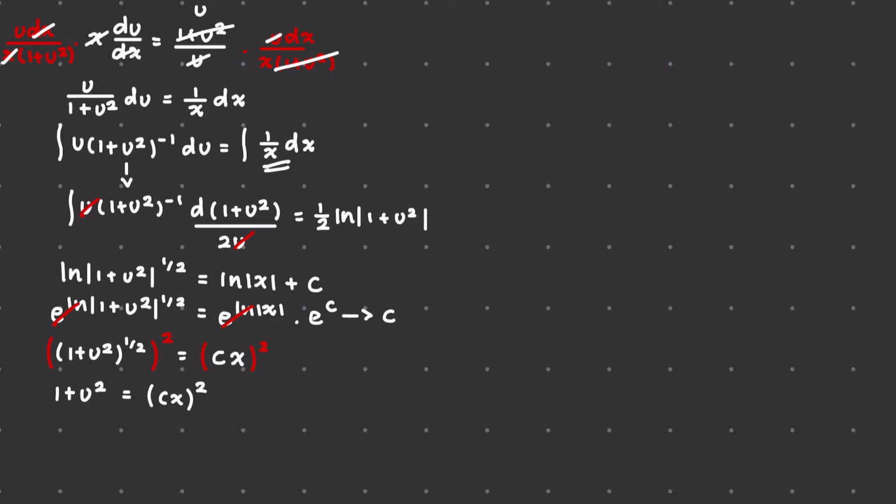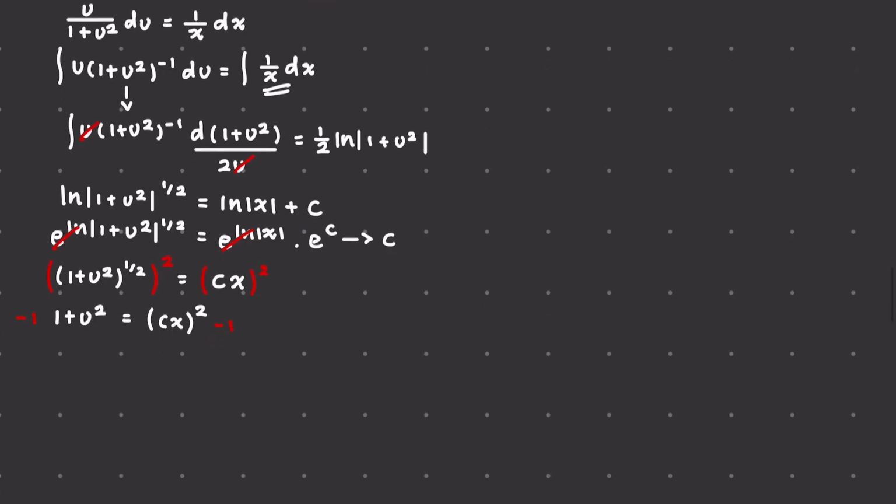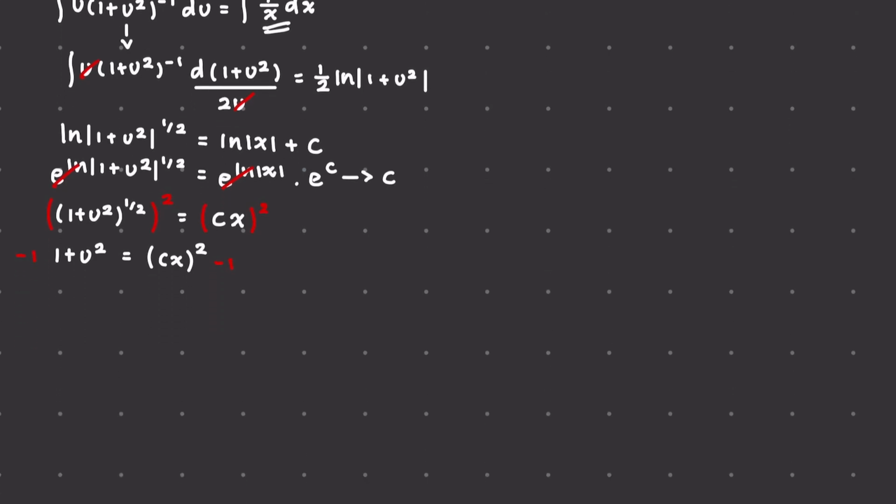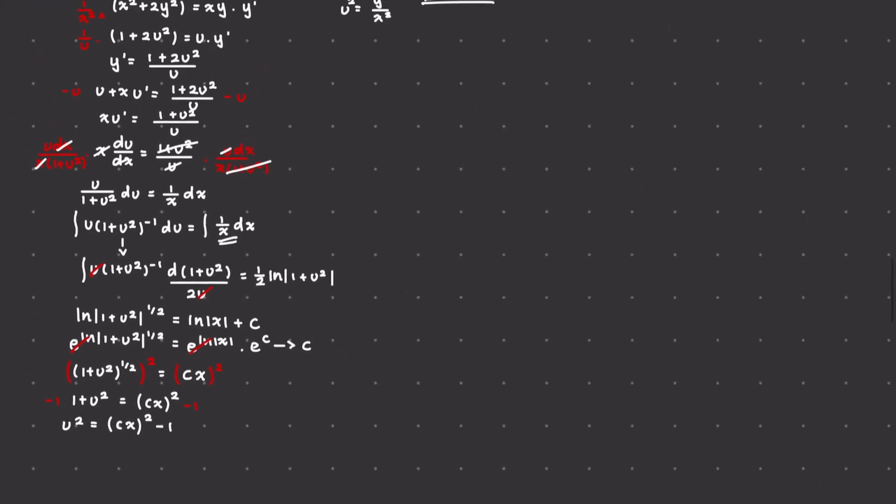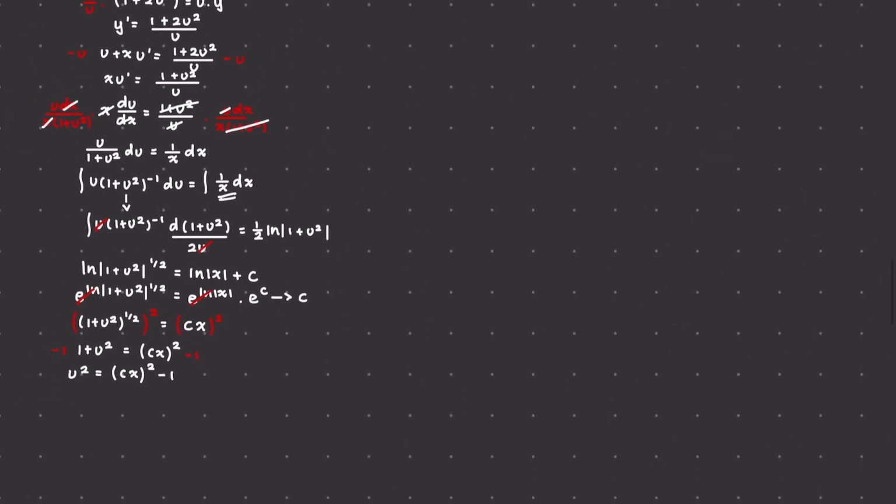And subtracting 1 from both sides too, this will give us u squared equals (cx) squared minus 1.